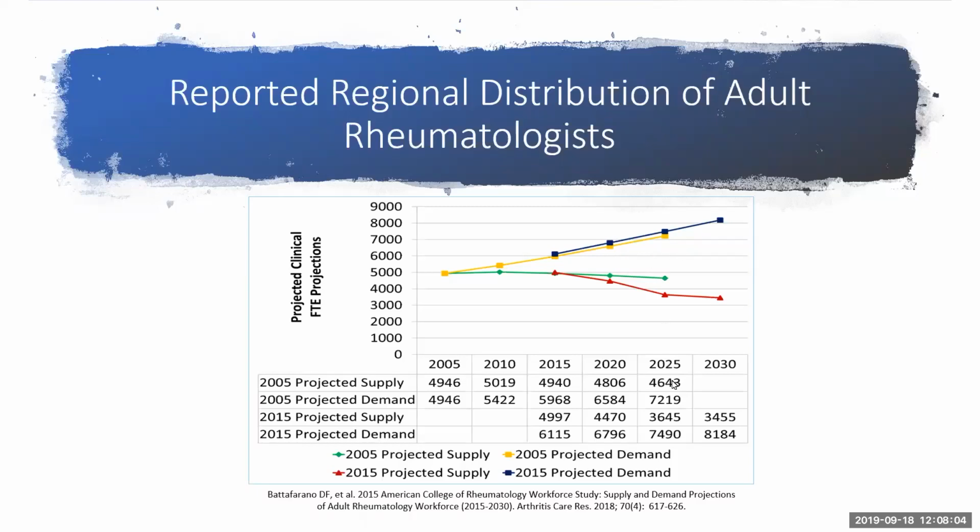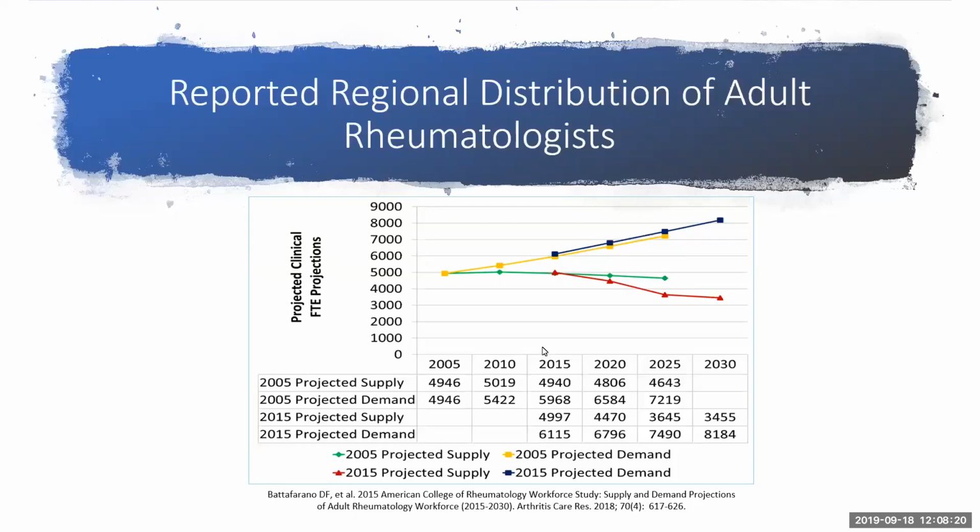And you see, even then, we recognized by 2025 there was going to be a supply and demand gap for adult rheumatologists. And again, this plotted for pediatric rheumatologists would look very similar.